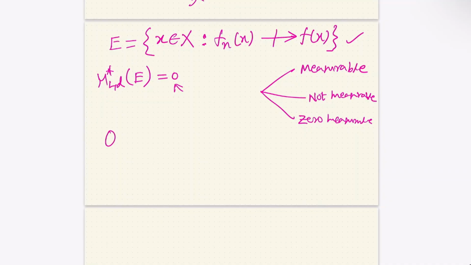Suppose in the real line you have Q, the set of all rational numbers. What is the measure of it? It's measure zero.